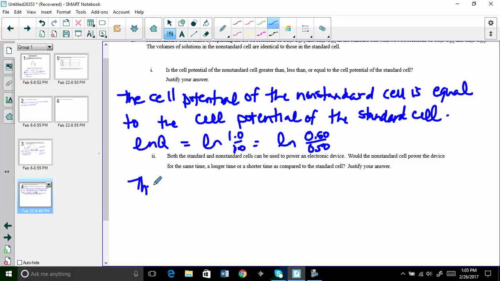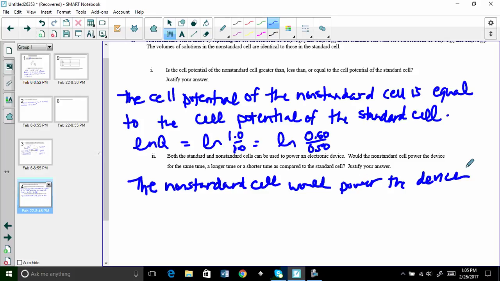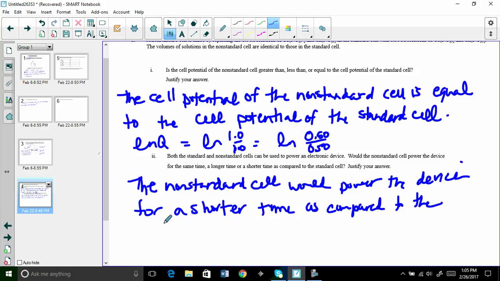So even though they have the same voltage in the beginning, the non-standard cell would power the device for a shorter time as compared to the standard cell.